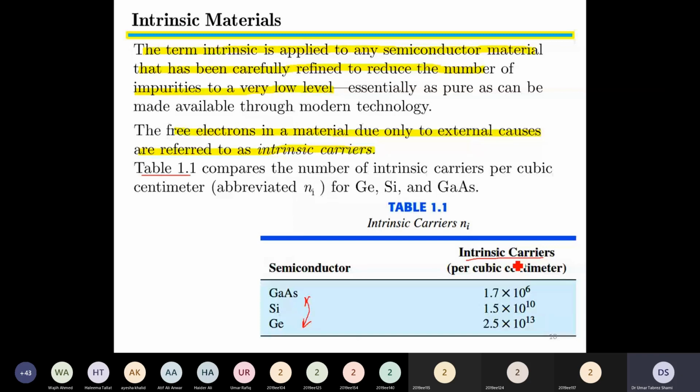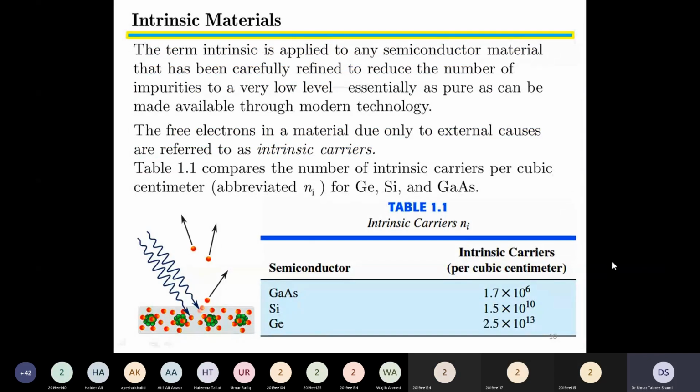We don't like a material that starts releasing intrinsic carriers when light falls on it. This is happening without our control. However, when light falls on gallium arsenide, it will release 1.7 × 10^6 intrinsic carriers, which is much smaller and much more preferable.